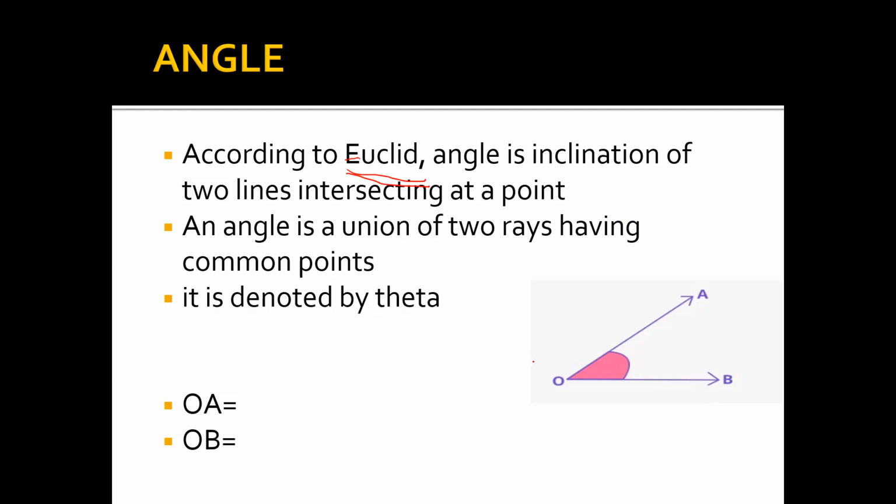So you can see here we have two rays, ray OA and OB, and they are meeting at a point O. This point O is called a vertex, and these two rays OA and OB are called the arms of an angle.